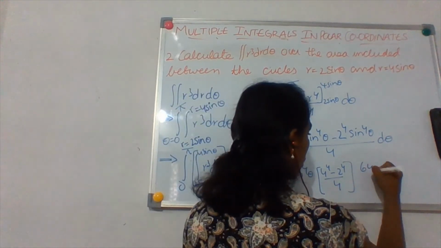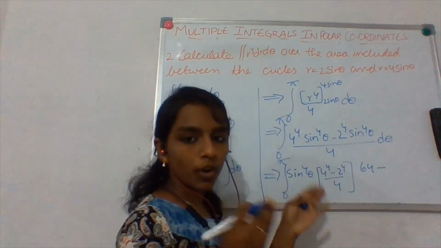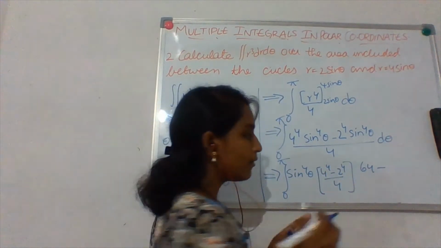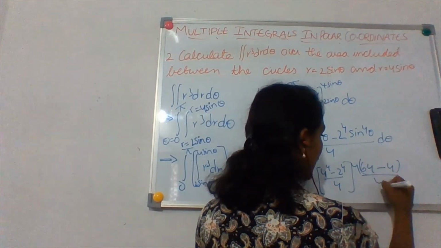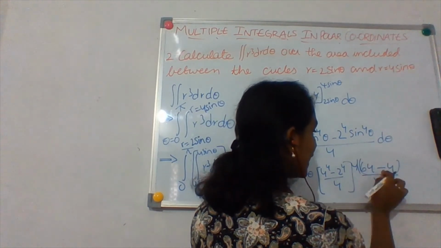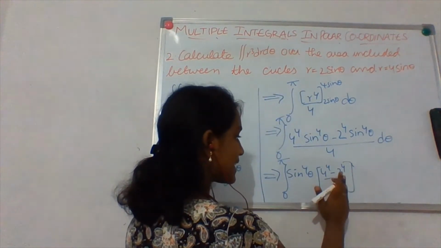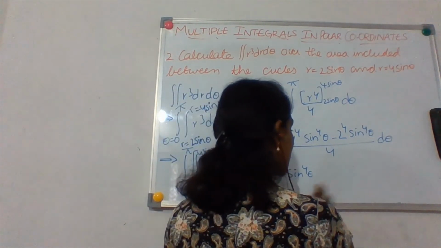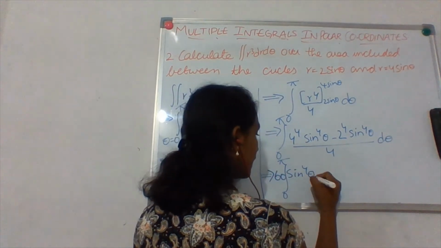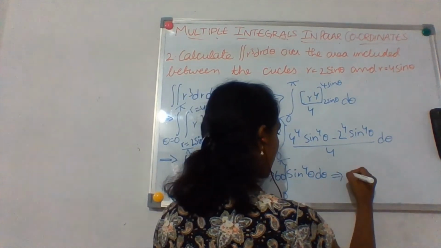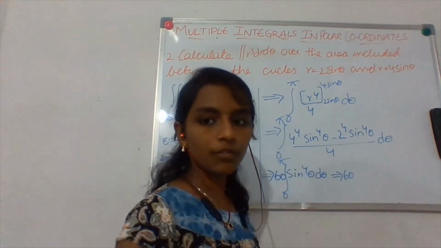So 64 minus 2 power 4; if I take 4 as common from 2 power 4, 2 square will remain. 2 square is 4, divided by 4, right? So these two will get cancelled. Finally, here I will get 60, right? So the value of this whole bracket is 60. So I will write this 60 outside d theta. That implies 60 into sin power 4 theta d theta.